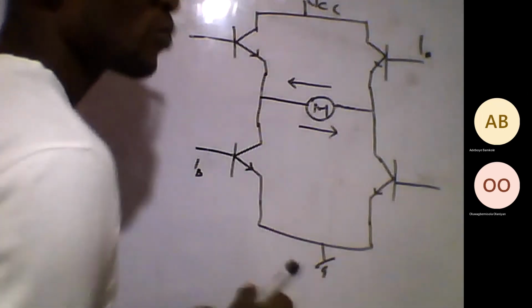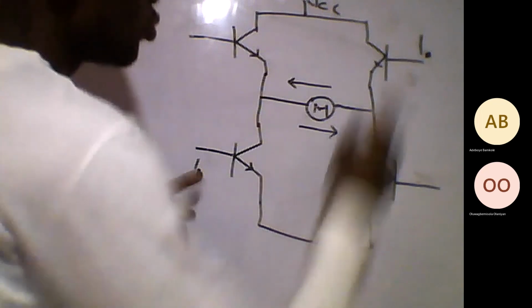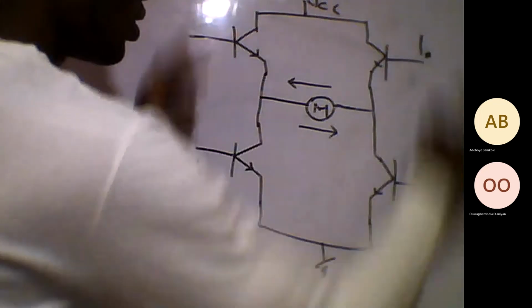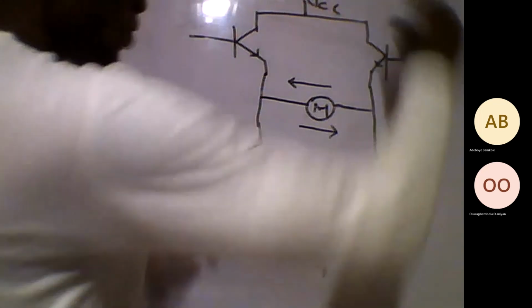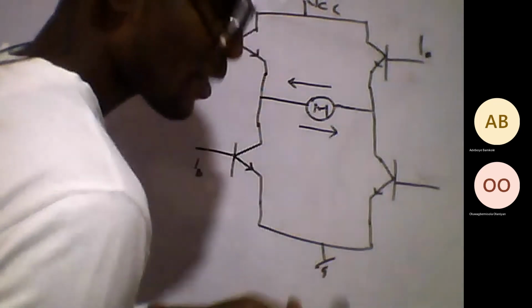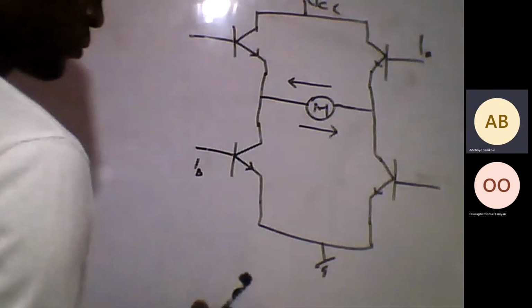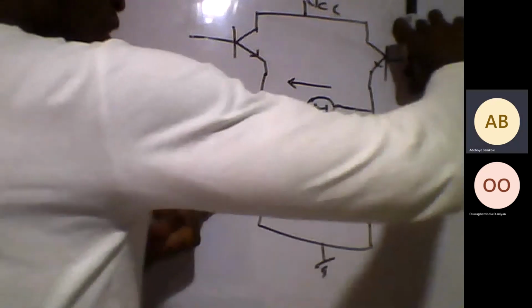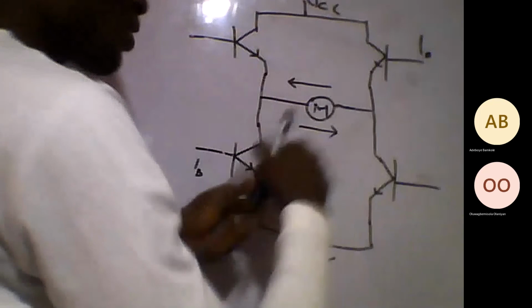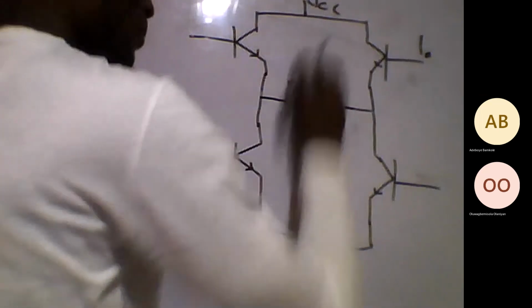But let me ask you, what kind of circuitry would do this changing for you? Change this, off this, change this, off this. What kind of circuitry? You have done it today. Astable. On, off, on, forever like that. And what happens to your transformer? Let's say this is the transformer you have here.